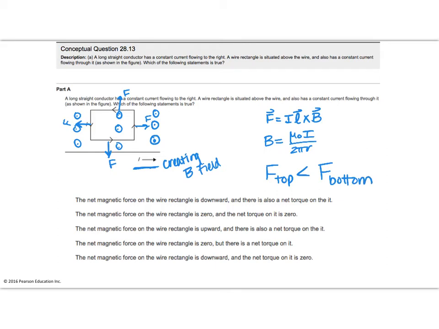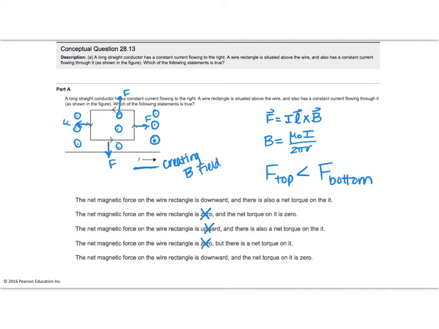So it actually isn't true that the net magnetic force on the loop is 0, so we can eliminate those pictures. If we remember that the force on the bottom is stronger, then the net force is going to be downward, so we can eliminate this answer.